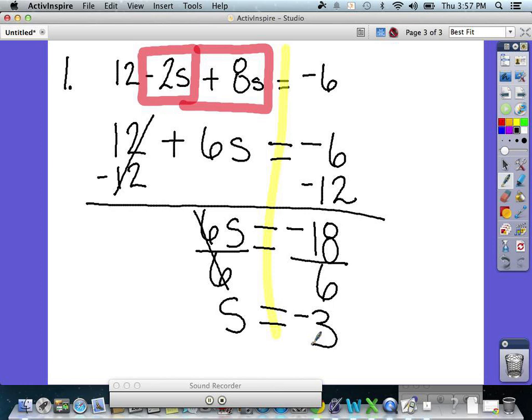The next problem that I will be completing will be problem number 4.